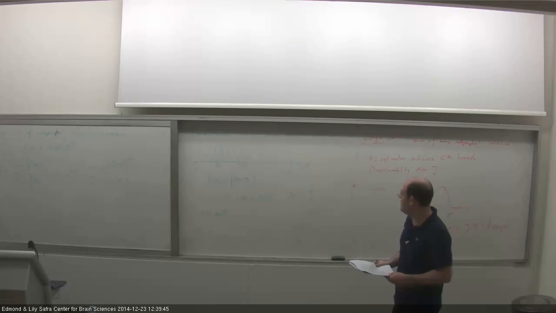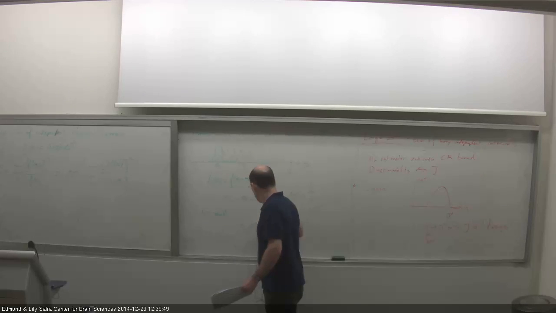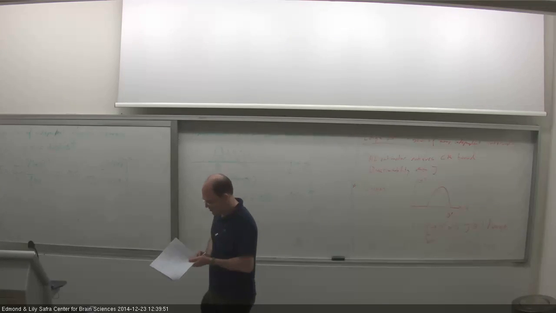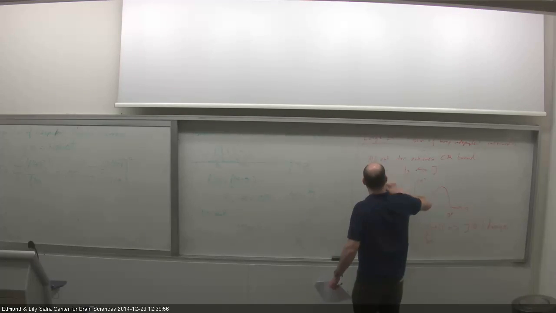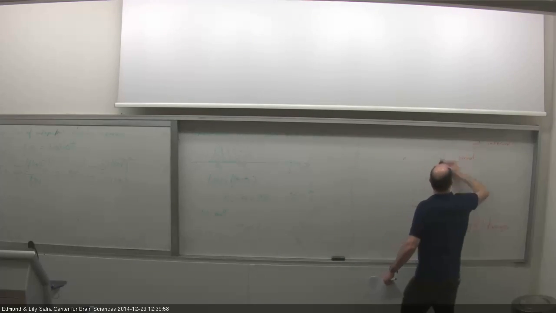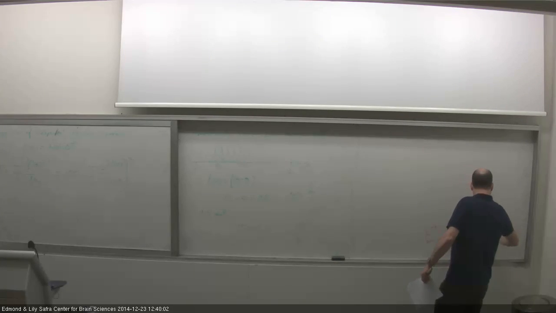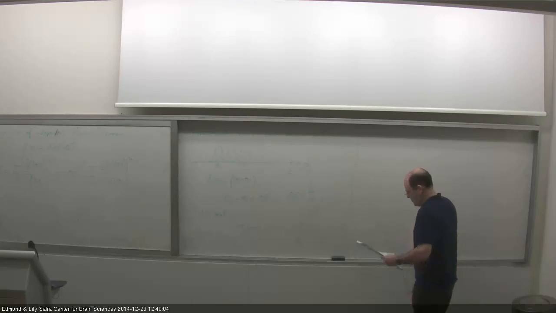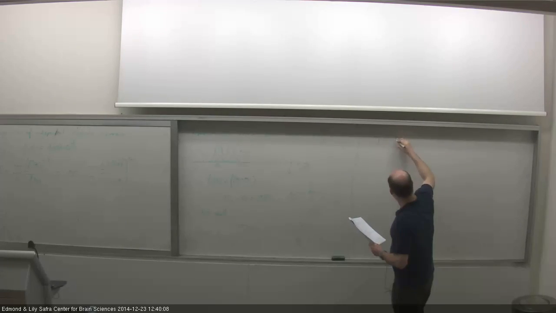Okay, so now let's ask what is the Fisher information. J is the sum over i.